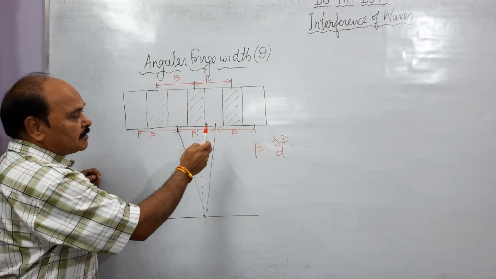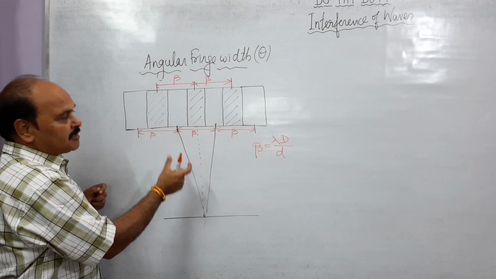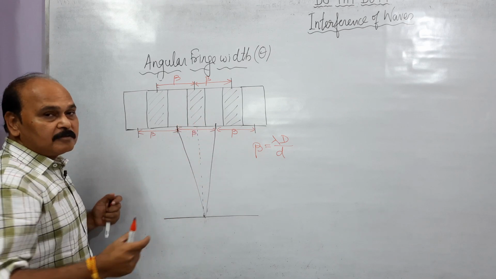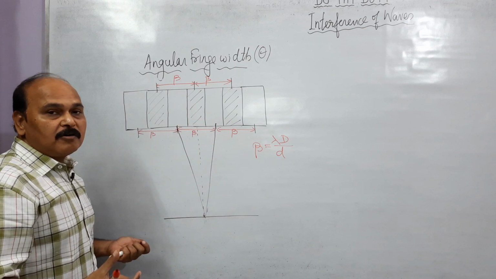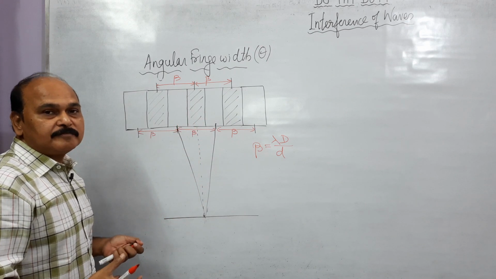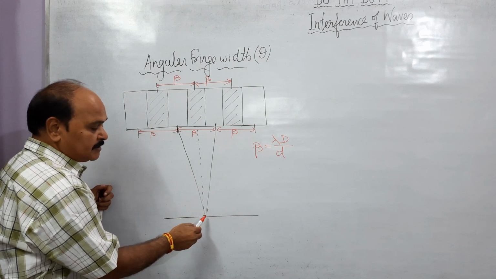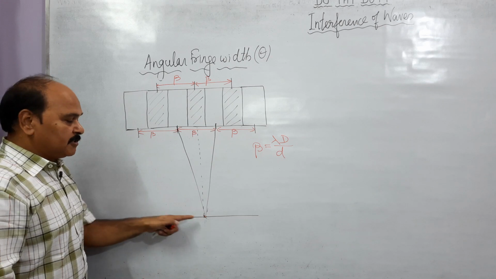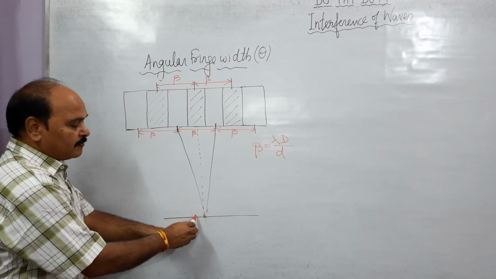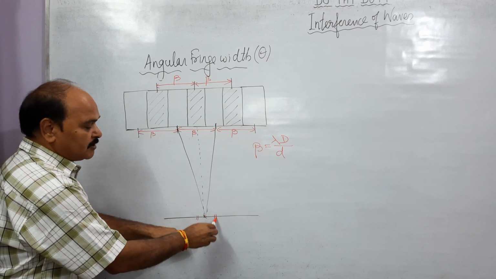Angular fringe width is the angular separation between two consecutive bright bands or two consecutive dark bands, at any point over the screen. So this is the center of the line joining the two slits.